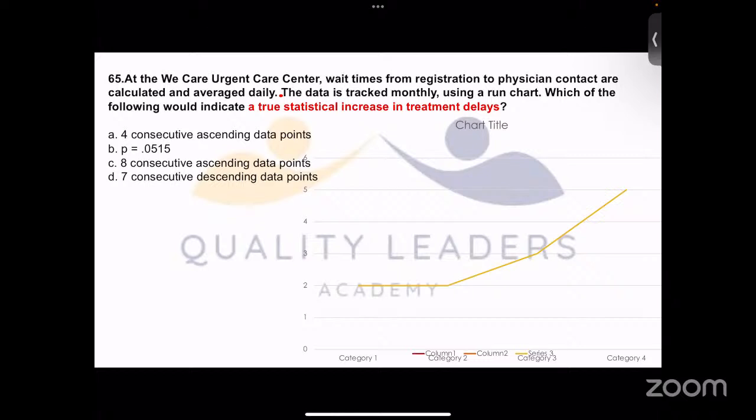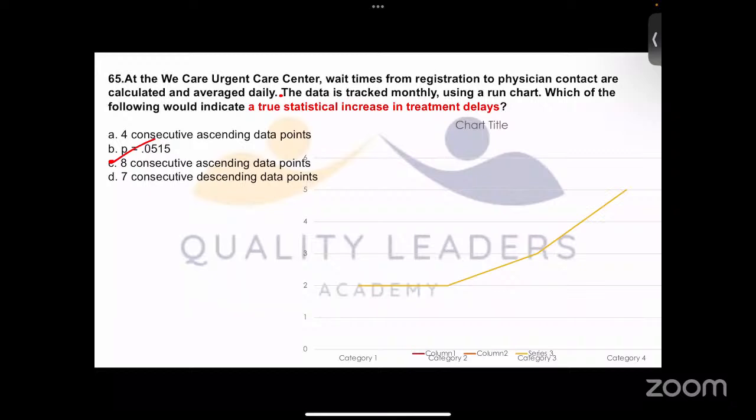B, p-value of 0.0515. C, eight consecutive ascending data points. And D, seven consecutive descending data points. So what's the answer here? The answer here is letter C. Okay.